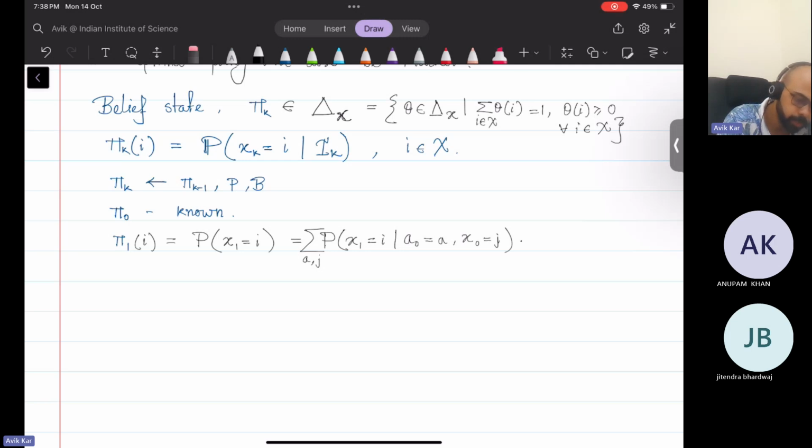So we have to multiply something, right? So probability of A given B equals probability of A intersection B divided by probability of B. So this will be i, and did I write it correctly?